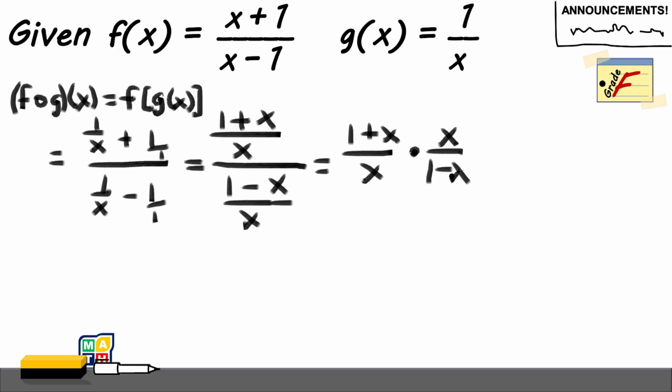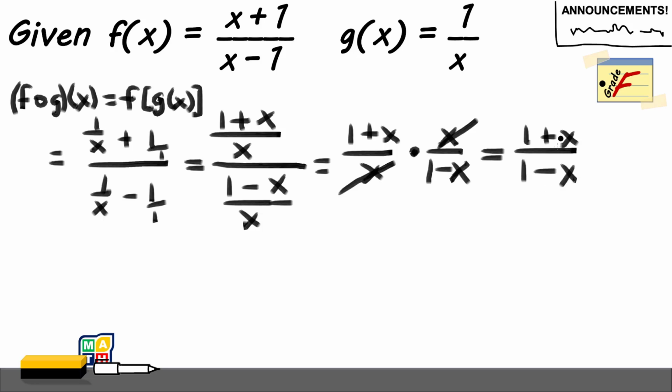And this is the reason why I mentioned earlier, we can cancel that here, because we have x here and x there, but we cannot do this, okay? We cannot do that. Nor can we cancel 1 and 1 because they are both binomial expressions. In short, the result of f of g of x, following the concept of rational expressions and their operations and the process for simplifying it, is 1 plus x over 1 minus x.